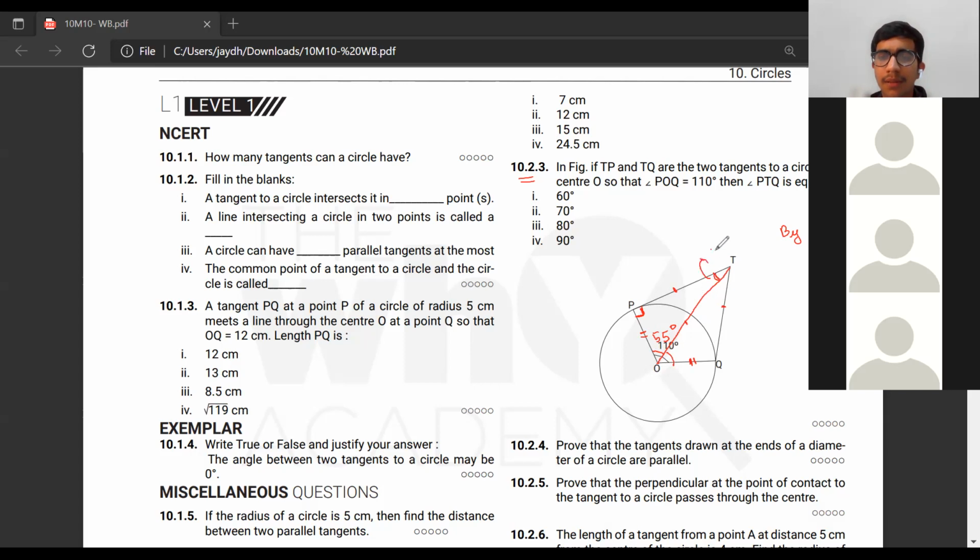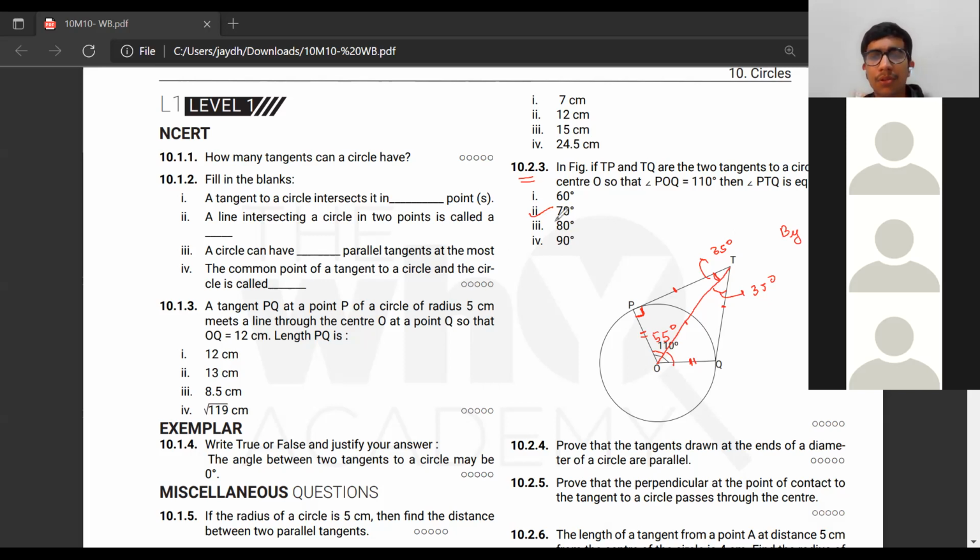This angle will be 35 degrees then. Your voice is too low, Abhishek, I can't hear you. Can you hear me now? Yeah. So angle OTQ will also be 35 degrees, so angle PTQ will be 70 degrees. Perfect. So this will be 70 degrees.